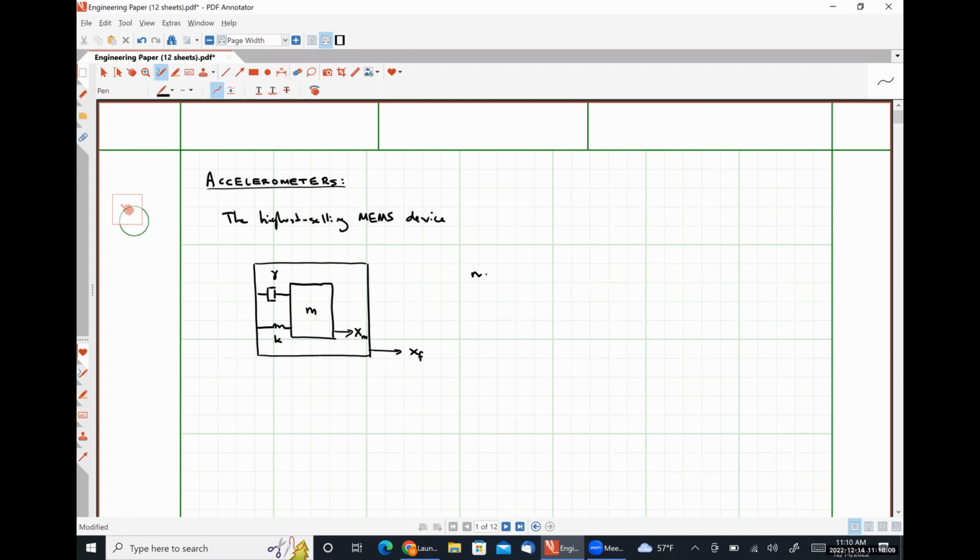So just so that we're clear, M represents the mass of our proof mass. K here represents our spring, specifically our spring constant. And gamma here represents our mechanical damping coefficient.